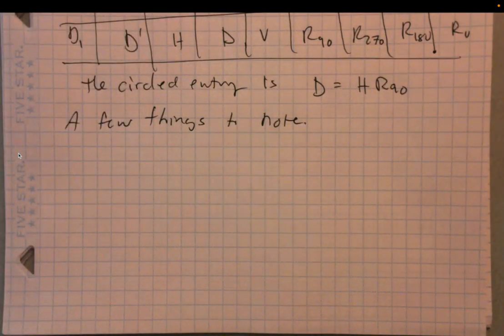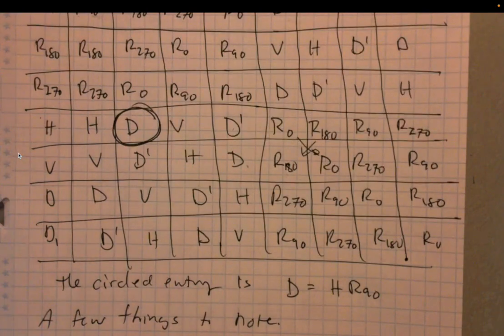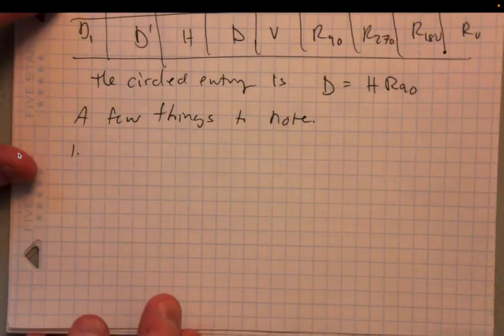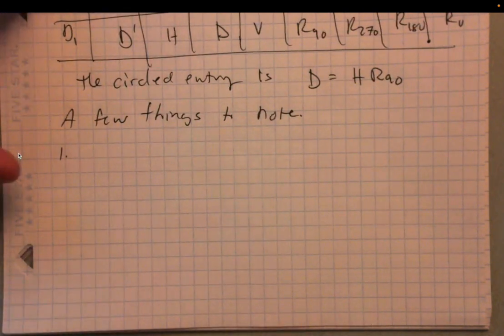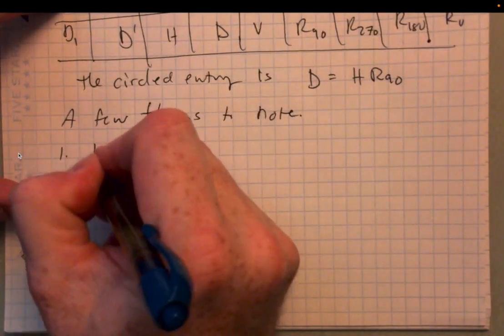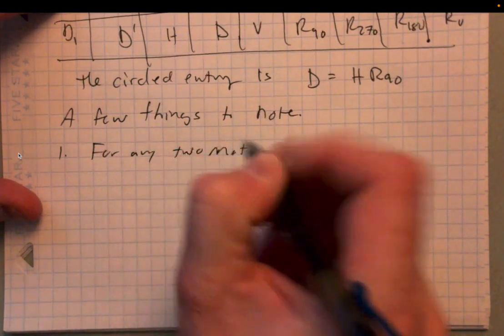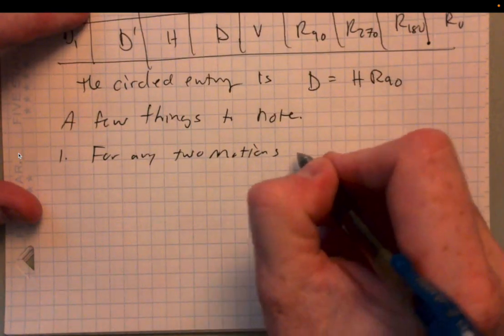Right, so if I do any 2 motions, I never get outside the 8 elements that were part of the group, right? We kind of said that at the onset, right? And this table kind of proves it, as long as you buy that these are all the motions, but you can confirm that just by checking it if you'd like. So a few things to note: for any two motions, the resulting motion is in the group.